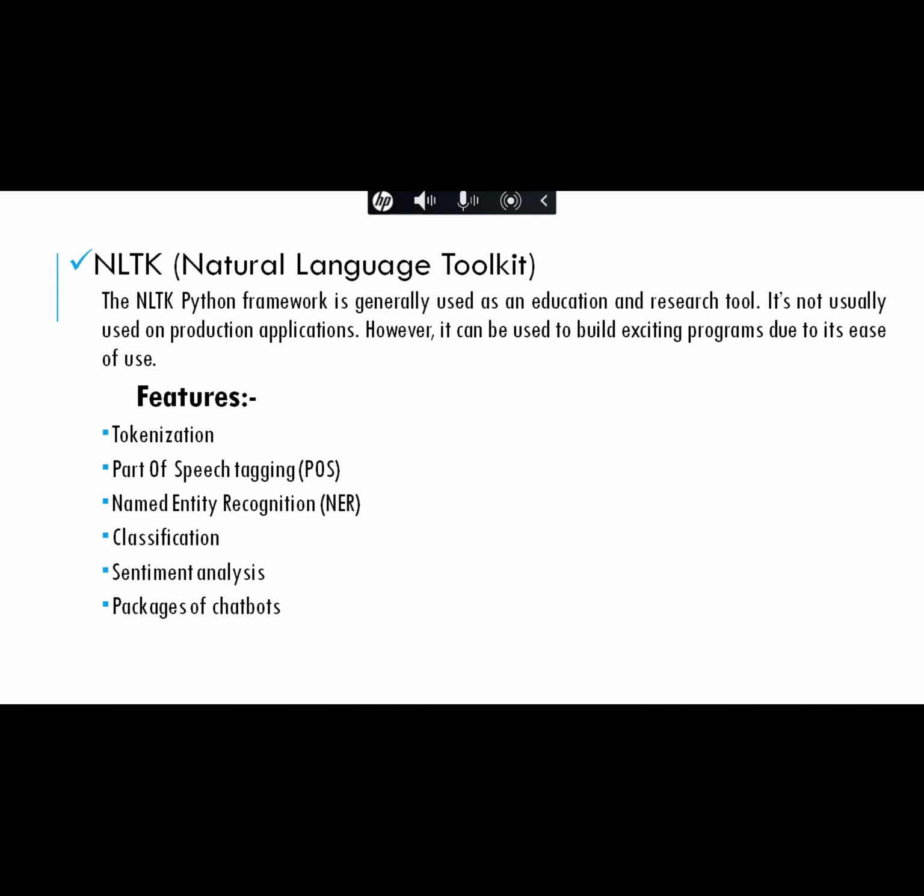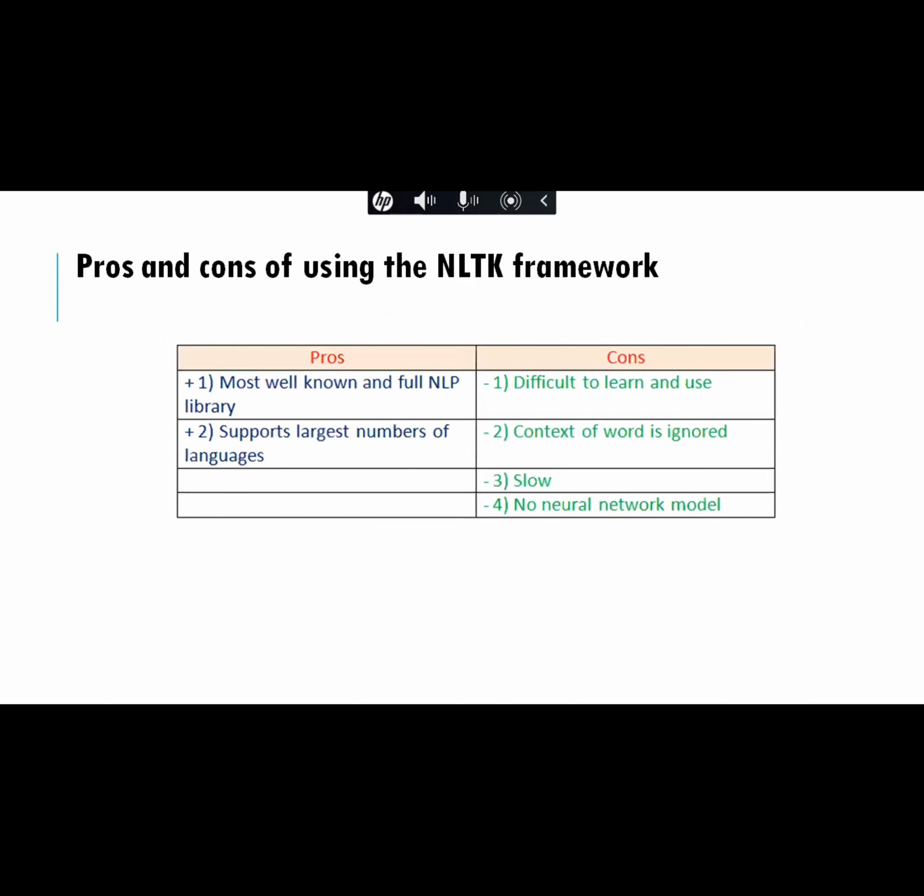Its features are tokenization, part of speech tagging, named entity recognition, classification, sentiment analysis, and packages for chatbots. The pros are that it is the most well-known and full NLP library, and it supports the largest number of languages. The cons are that it is difficult to learn and use, the context of the word is ignored, it is slow, and it has no neural network model.